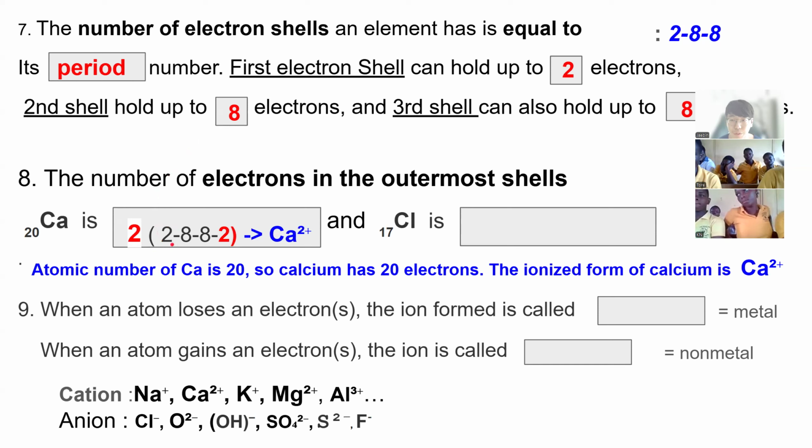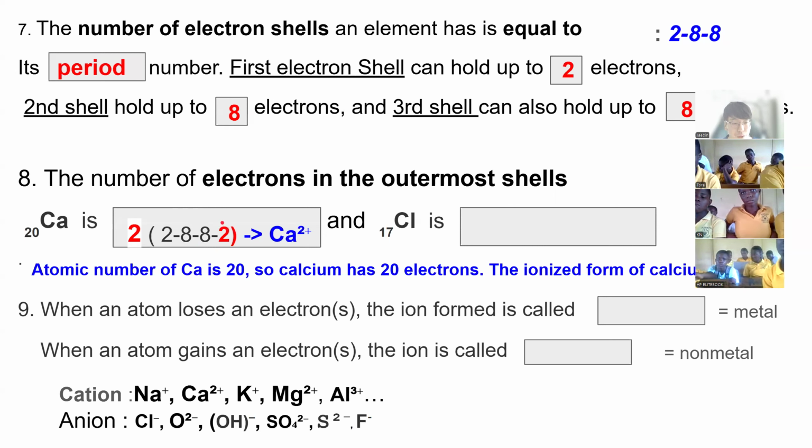So what we can simply do is try to fill up the shells. We can completely fill up the first shell by putting in 2 electrons. Since we have 20, we still have 18 electrons left because 20 minus 2 is 18. We can also fill up the second shell, which has 8 electrons. Now we have 10 electrons left, and we can completely fill up the third shell as well.